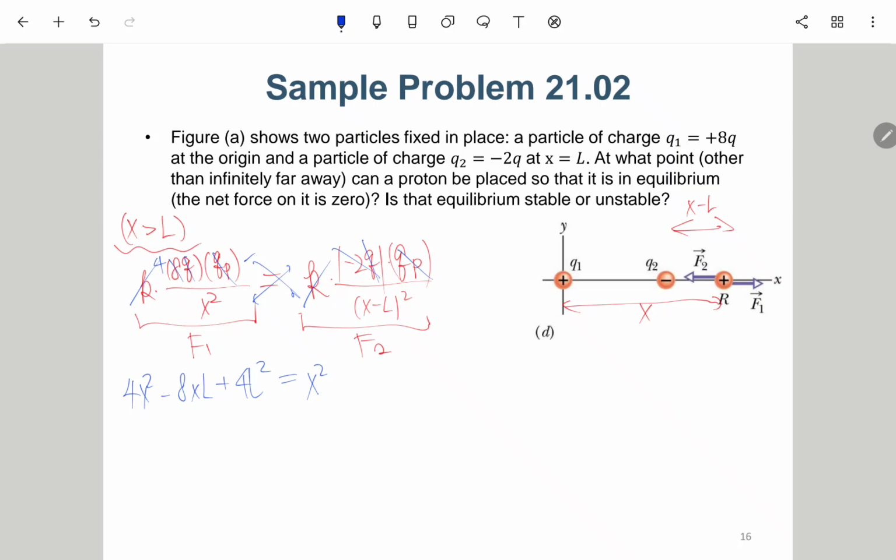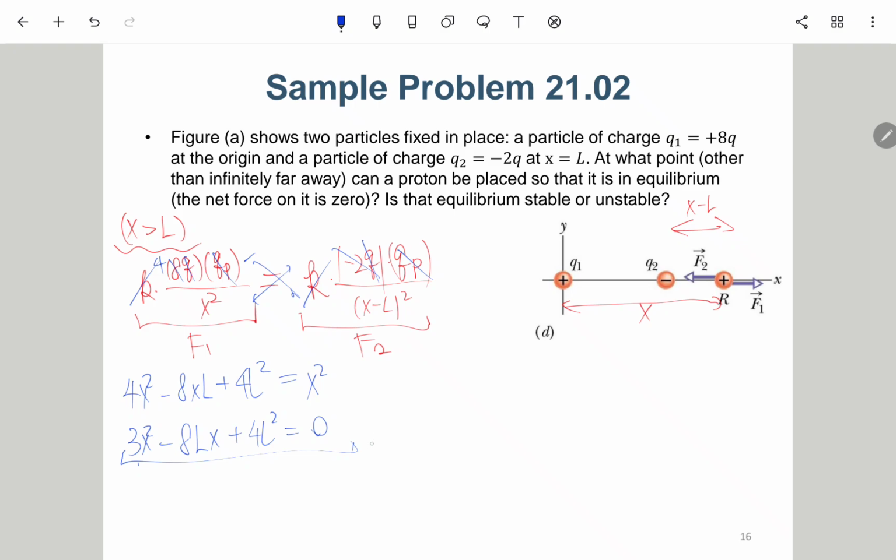We can simply cancel the x squared. So we have 3x squared minus 8Lx plus 4L squared equal to 0. This is nothing but a quadratic equation. You can use negative b plus or minus the square root of b squared minus 4ac, over 2a, or you can try to factorize it.